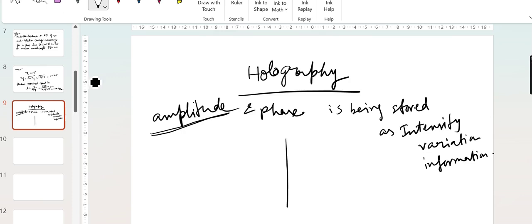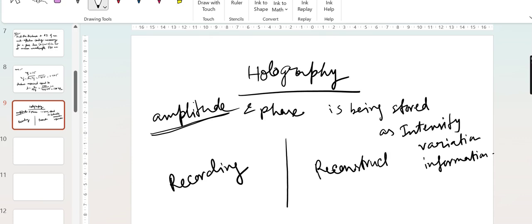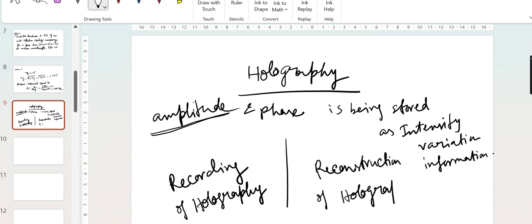So holography has two parts: one is recording of holography, and another is reconstruction of holography.